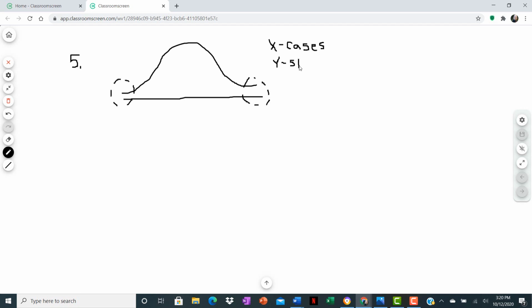If we were predicting in this study which way we expect the relationship to look, we expect that as the number of cases goes up, stress levels also go up. This is what we would call directional.